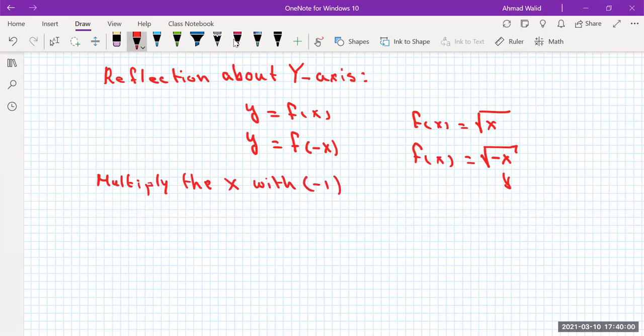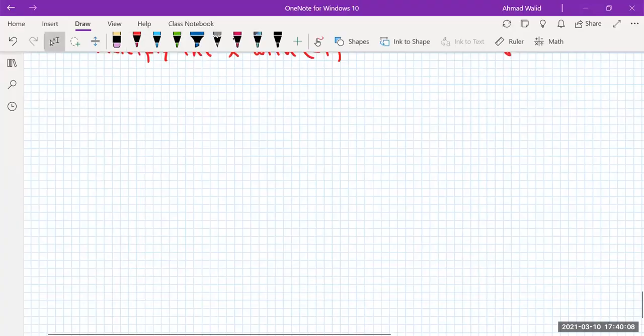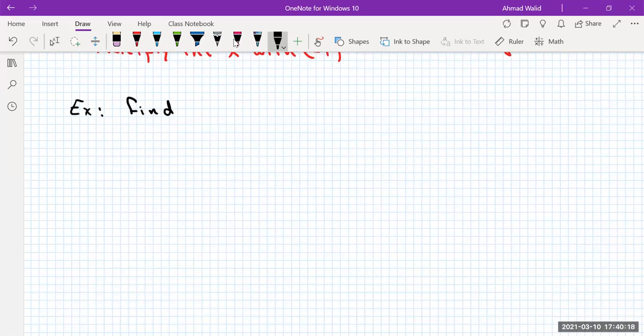It gives you reflection about y-axis. Correct? Let's do an example. Find reflection about y-axis.